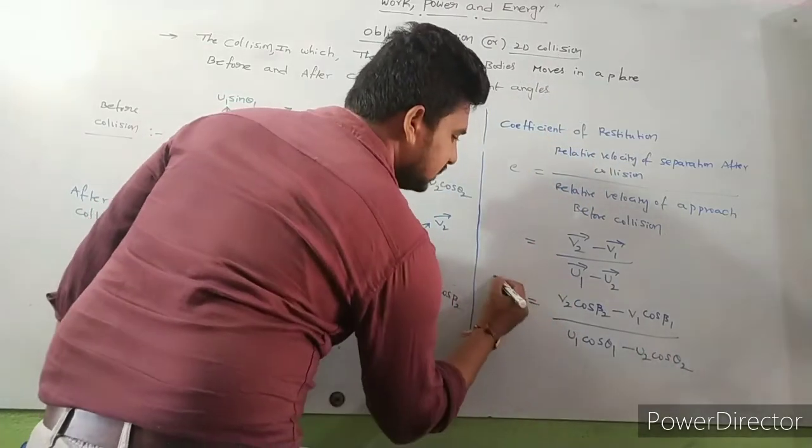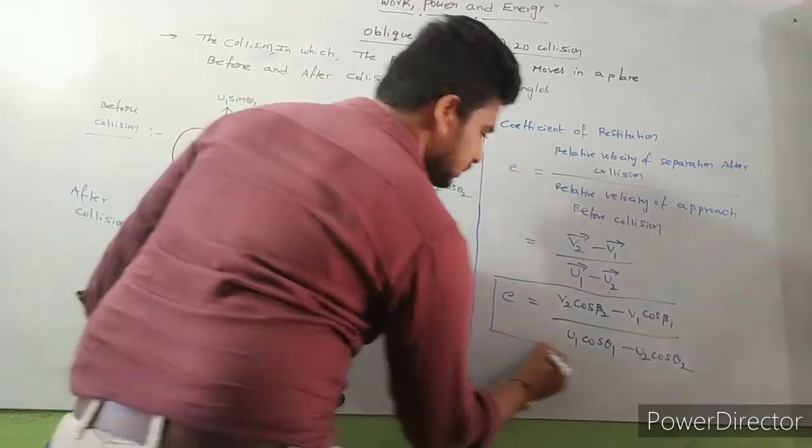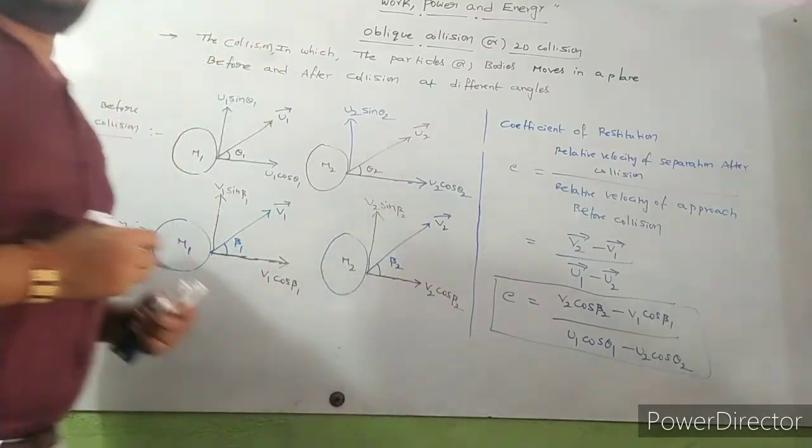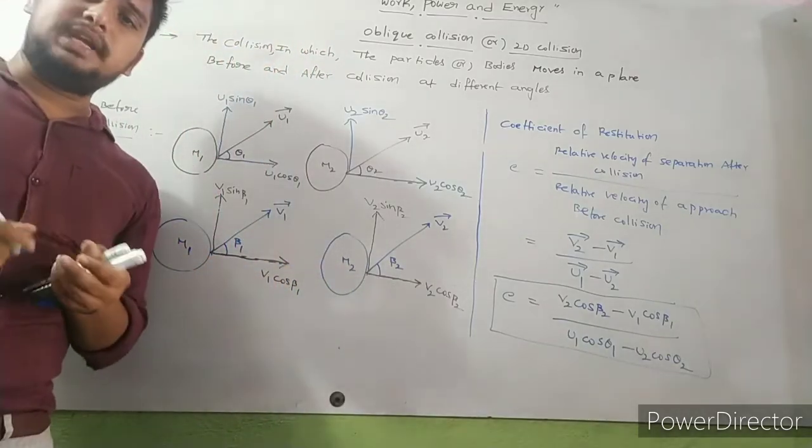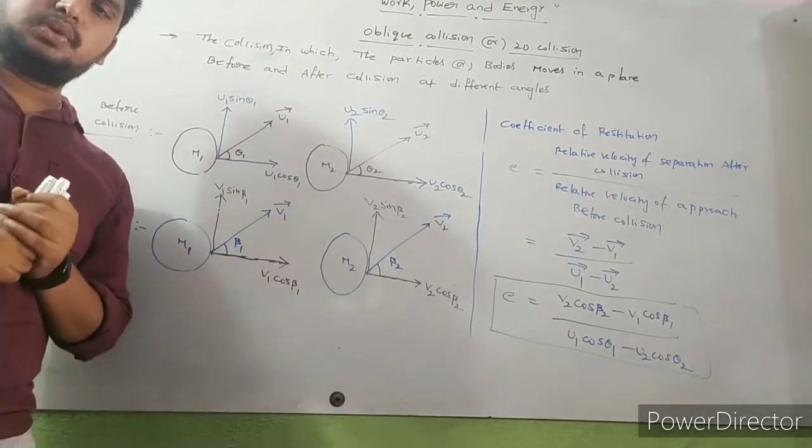So this is the coefficient of restitution formula in oblique collision or two-dimensional collision.